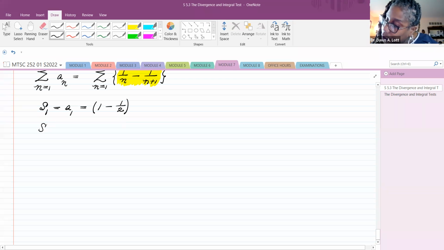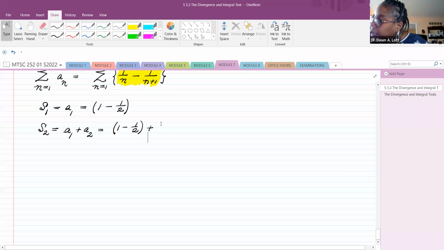S2 is a_1 plus a_2. So a_1 is 1 minus a half. But a_2 says put 2 in now. So I get 1/2 minus a third.